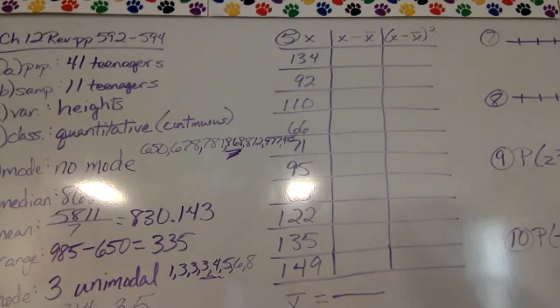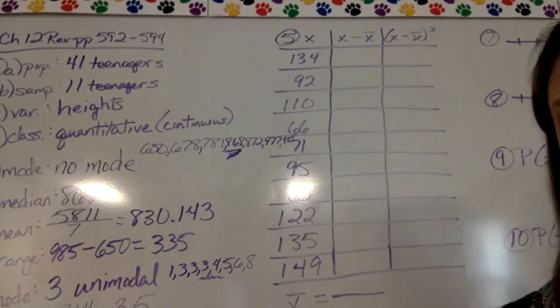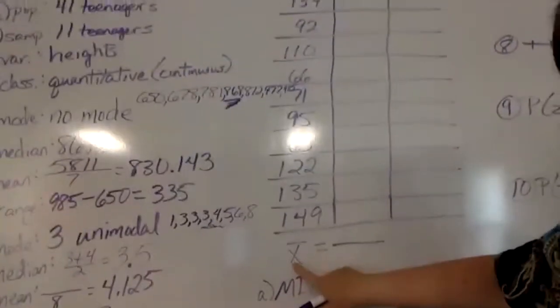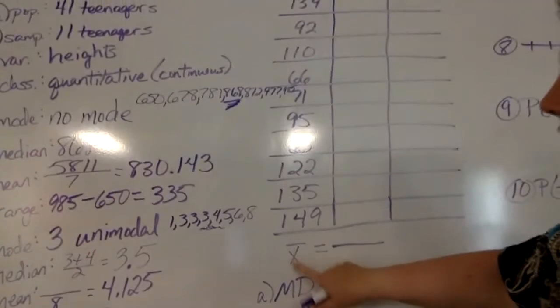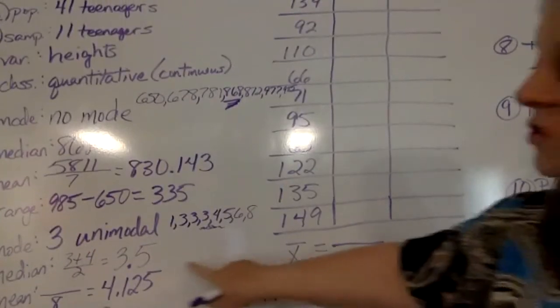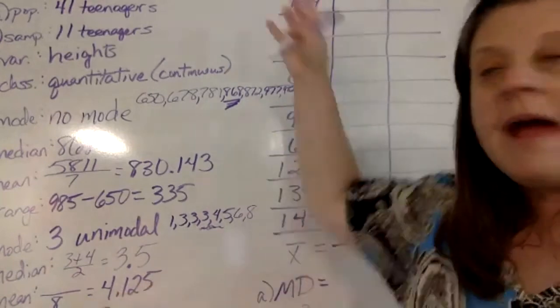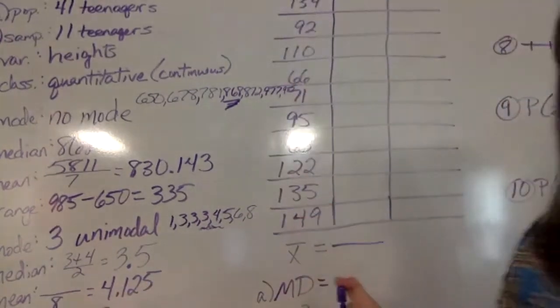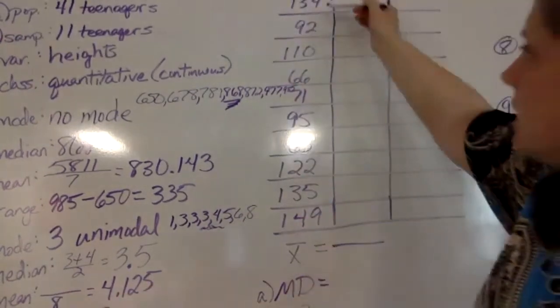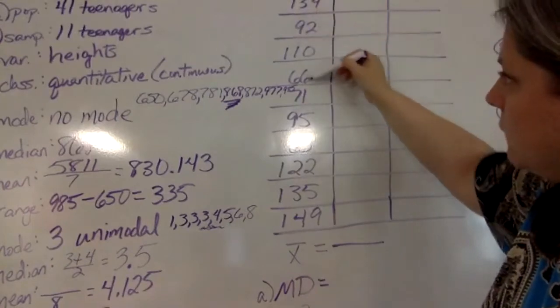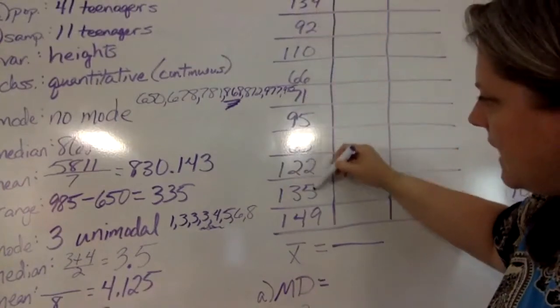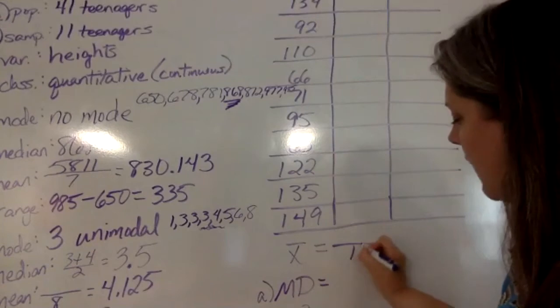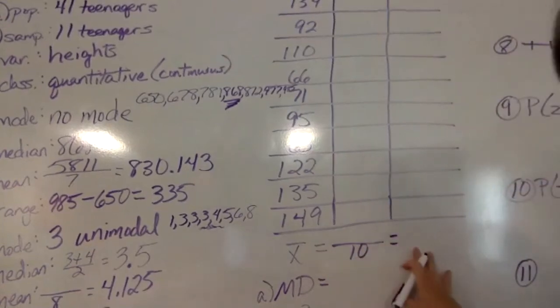I have to first find my mean. Remember, X with a bar over it is your mean. How do we find the mean? We just talked about that. You add these up and divide by how many there are. There are 1, 2, 3, 4, 5, 6, 7, 8, 9, 10. So I will add all those up and divide by 10.